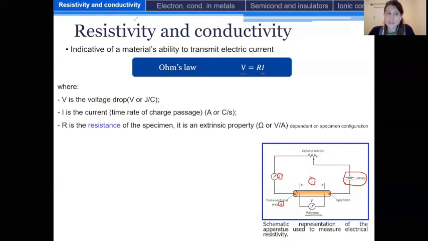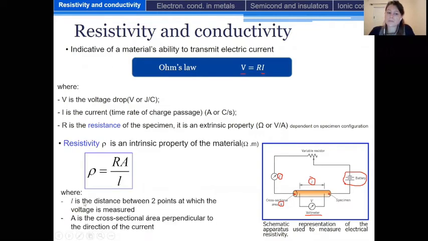In order to get rid of this dependency on the specimen configuration, and in order to present a parameter that is an intrinsic property of the material, we introduce the resistivity.